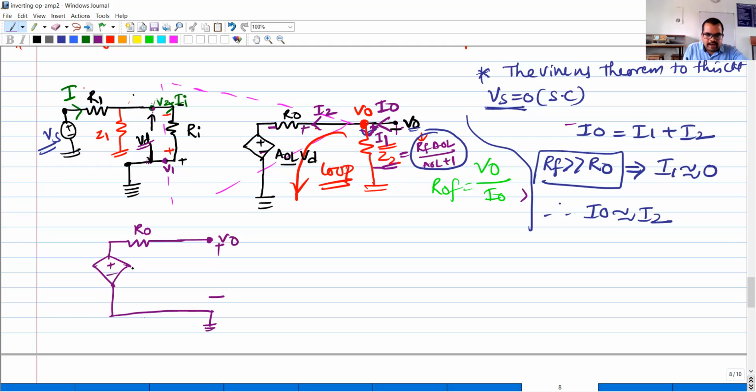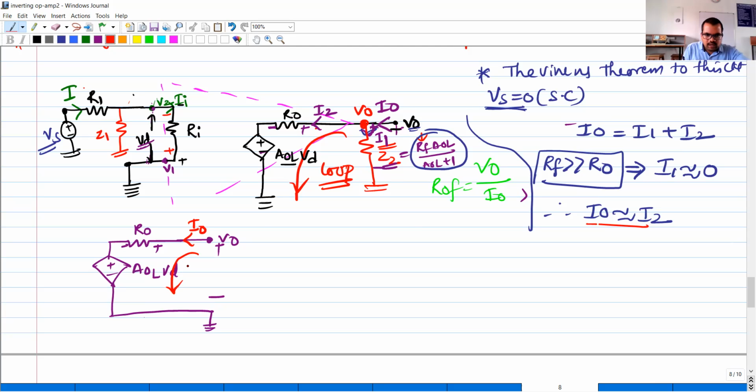The value of this dependent voltage source is AOL VD. The current flowing through this is I0, the output current, because I2 is approximately I0.